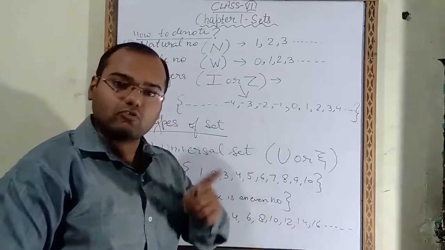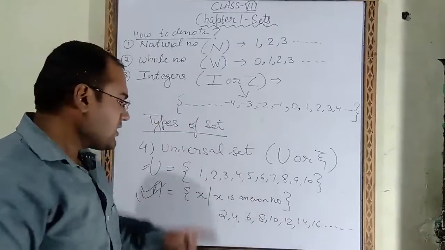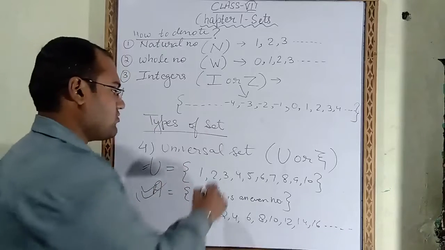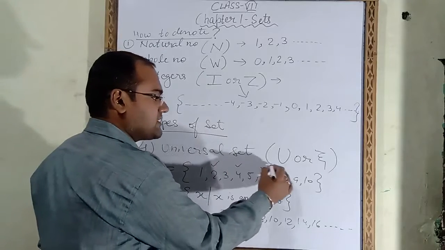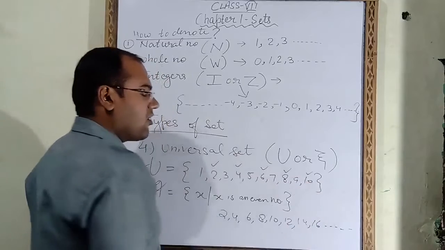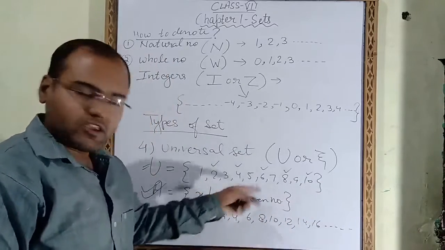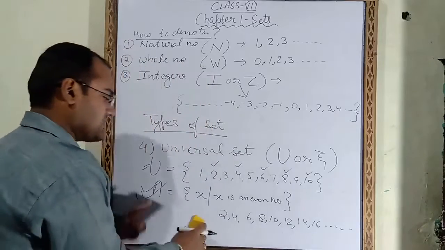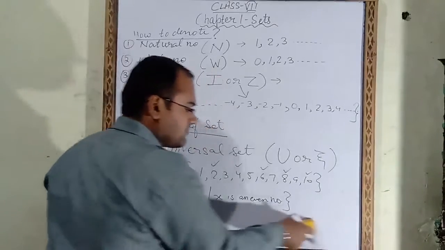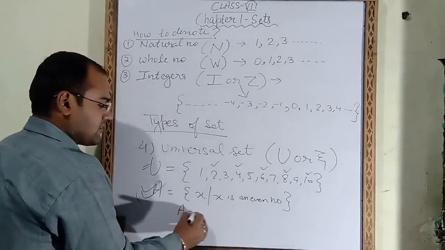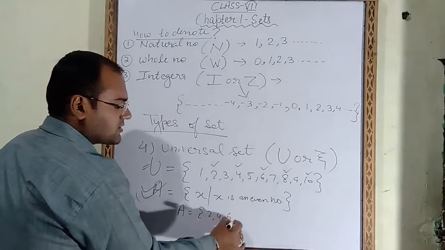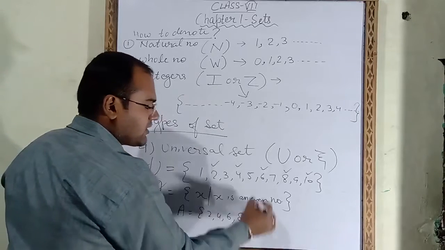Only 2, 4, 6, 8, 10 are the even numbers which are in the universal set. So the final answer of A will be 2, 4, 6, 8 and 10.